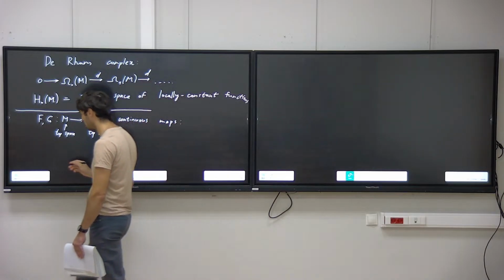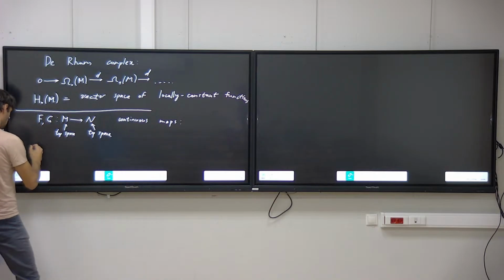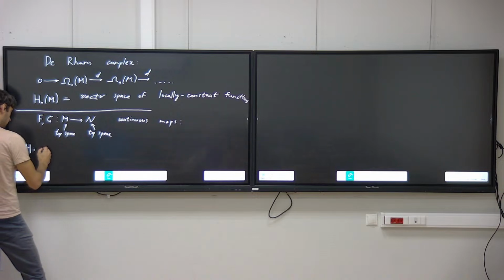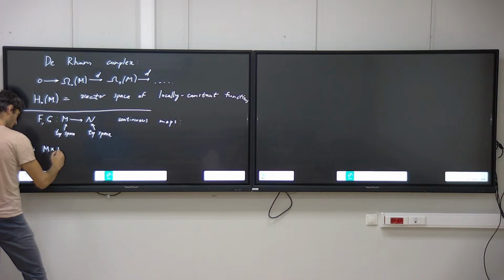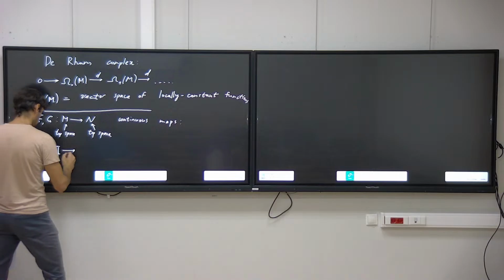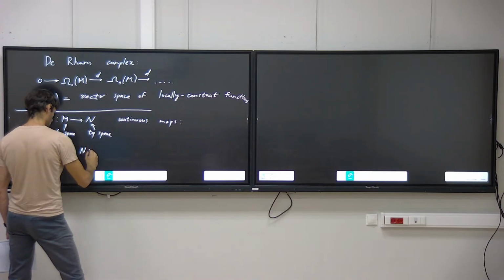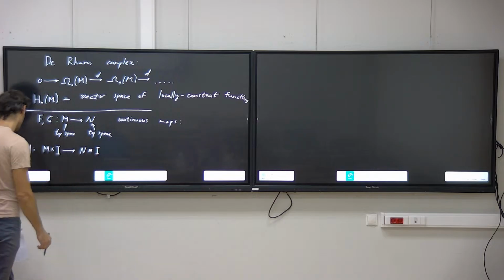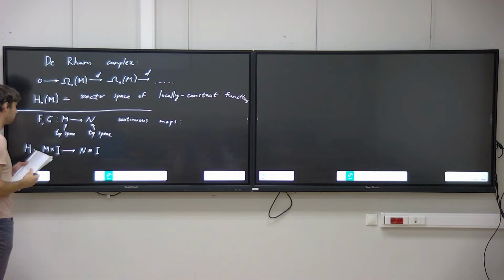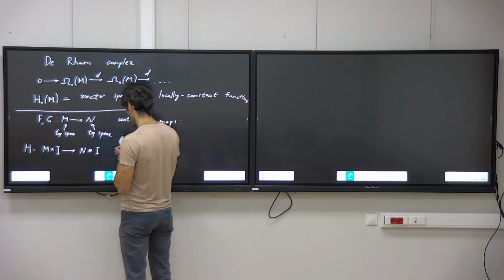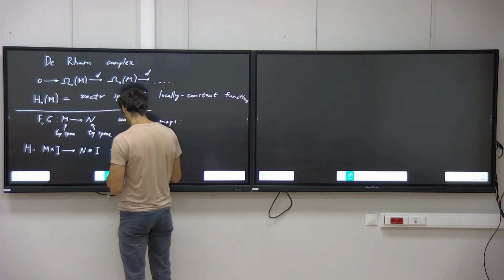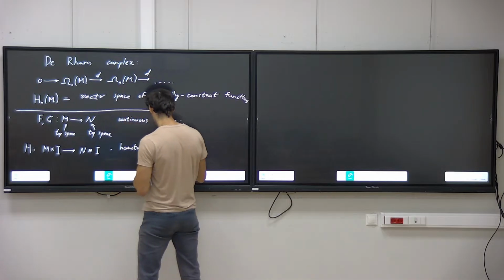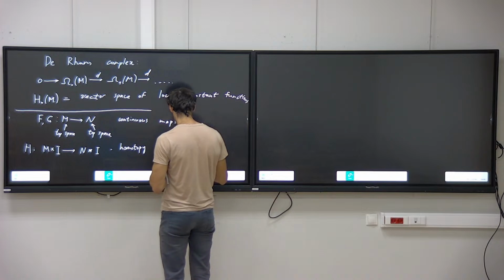And then we say that we have a homotopy between these two maps, H. It's from where to where? It's from M cross I to N. So this is a homotopy between f and g.